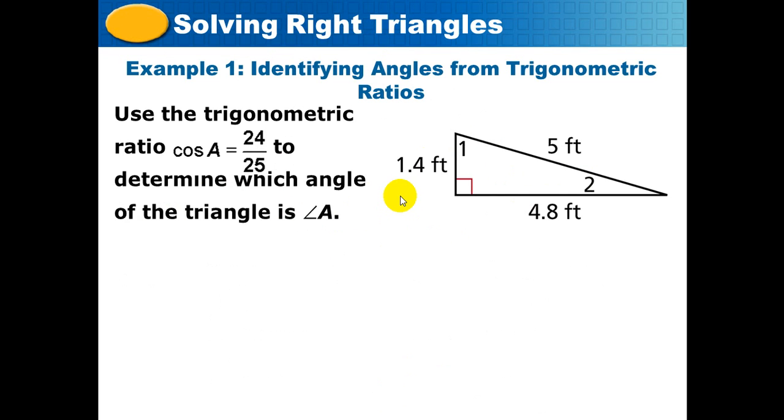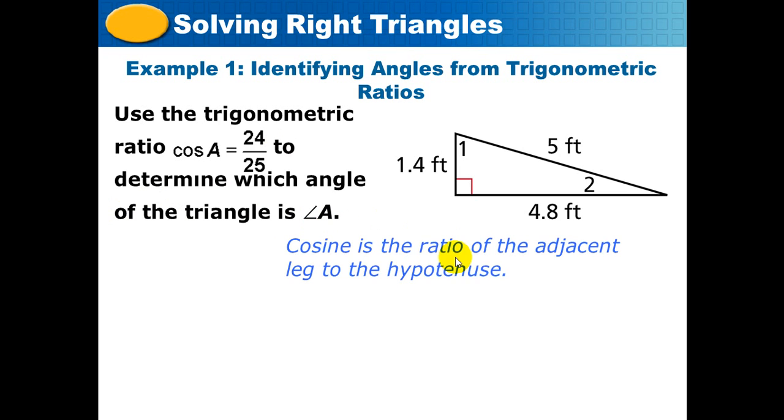Example 1. In this triangle, if cosine A equals 24 over 25, determine which angle of the triangle is angle A. We know that in a triangle, cosine is the ratio of the adjacent leg to the hypotenuse. Cosine A equals adjacent over hypotenuse.